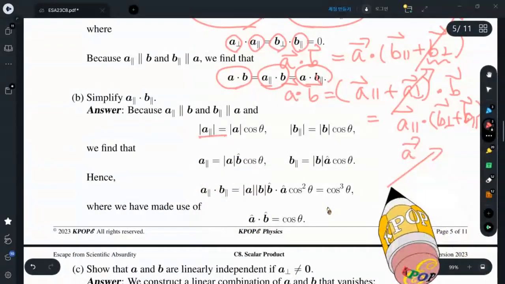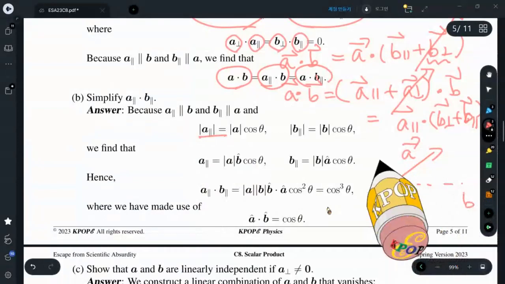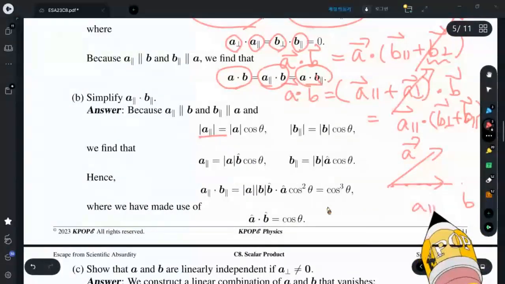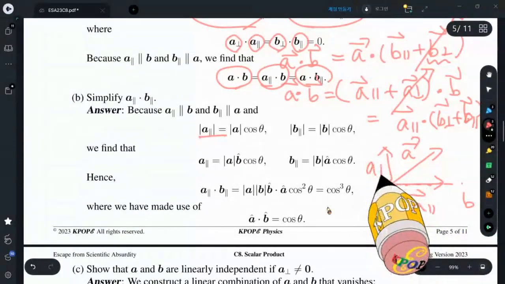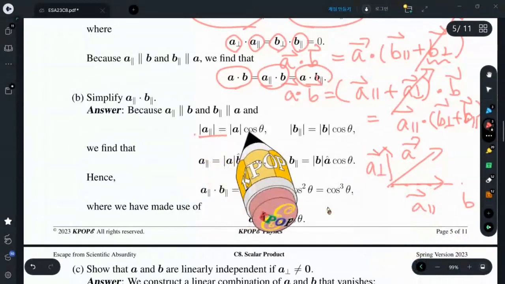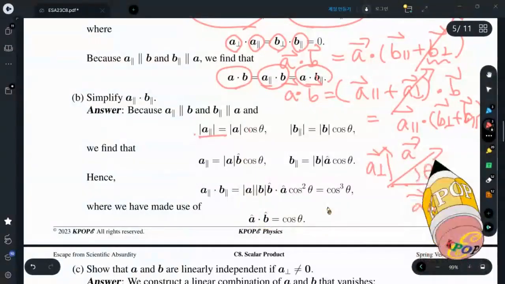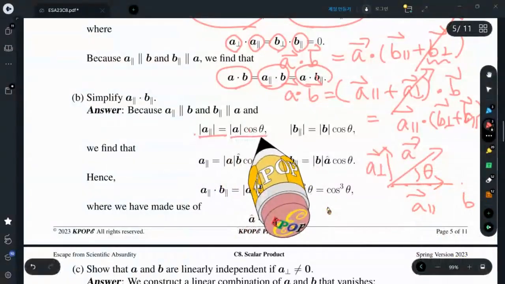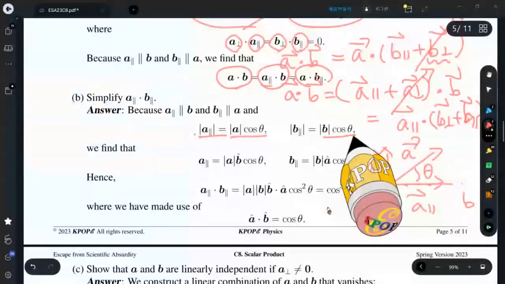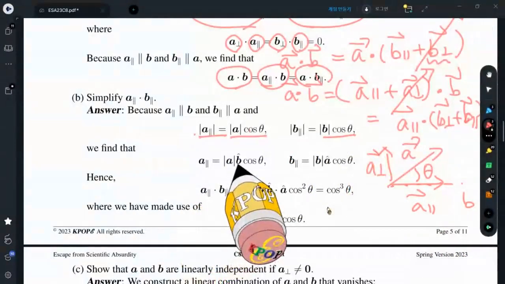this one was A, and this is the direction of B, with A parallel and A perp. The magnitudes depend on the angle, that is A cosine or B cosine. That's fine.